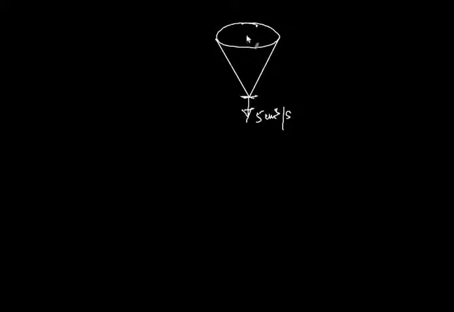And what we are told is the base of the cone, which is the top surface, has a radius of, let's call it capital R, 5 centimeters, and the height of the cone, which is measured from the base to the tip, so it would be this height over here.